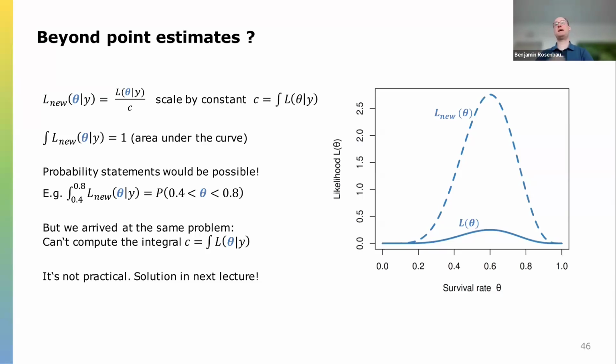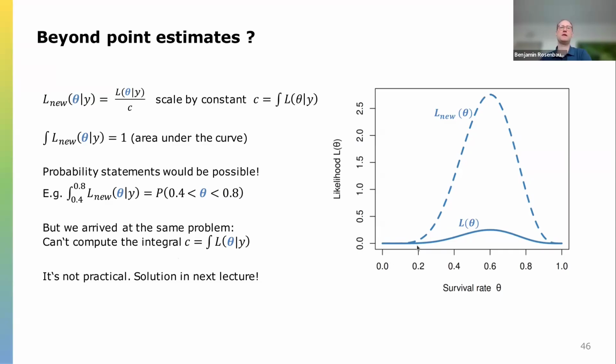However, we arrive back at the same problem. We cannot compute the integral here without knowing all the values. So we kind of ran around in a circle. We would have to know this constant c, for which we would have to know all these values here to compute the integral, and it's just not practical.